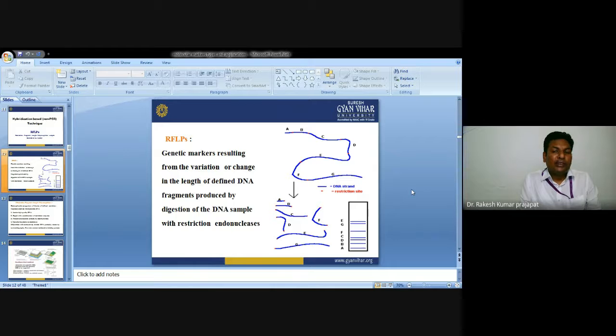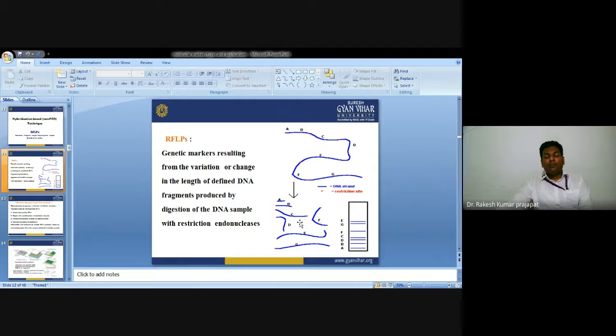Suppose we have a DNA strand with different genes A, B, C, D. In red, you can see the restriction sites. If we use a particular restriction enzyme and it cuts, it will produce fragments of different lengths.